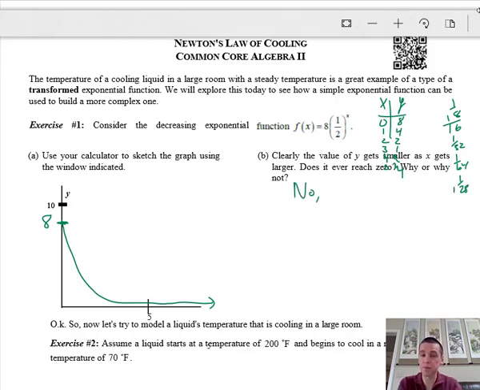Are we ever going to reach 0? And the answer is no. Every time we cut in half, we get closer to 0, but it will never reach 0. It's always going to be 0.0 something, right? So we're going to get very close to 0, but we'll never hit it.